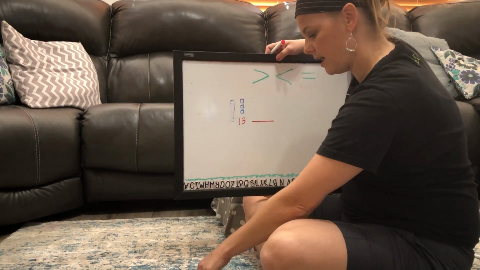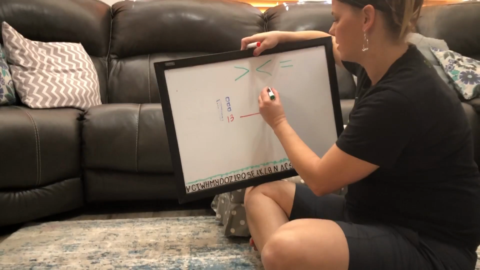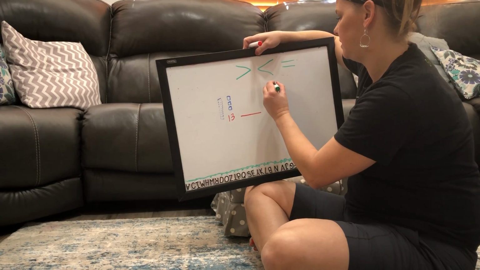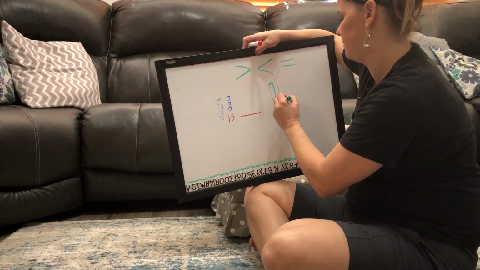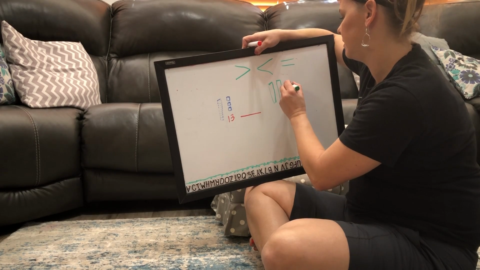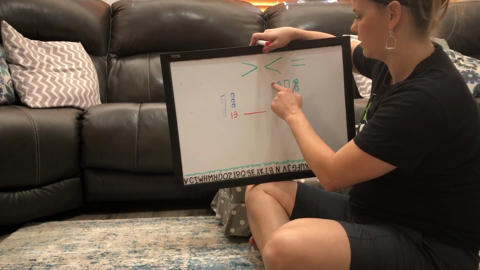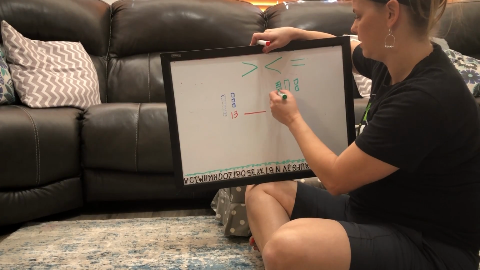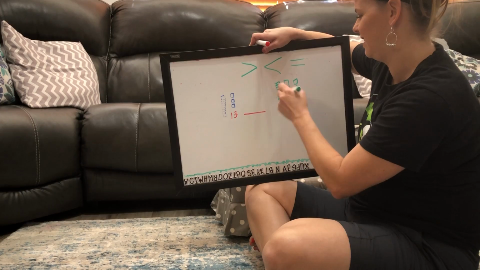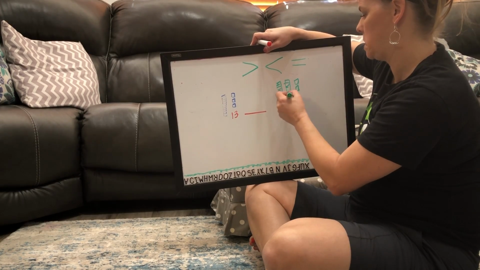Okay, now let's do some other blocks. Here's a 10 block. Here's a 10 block. And here's 2. Okay, so this is worth 10. Do my lines.